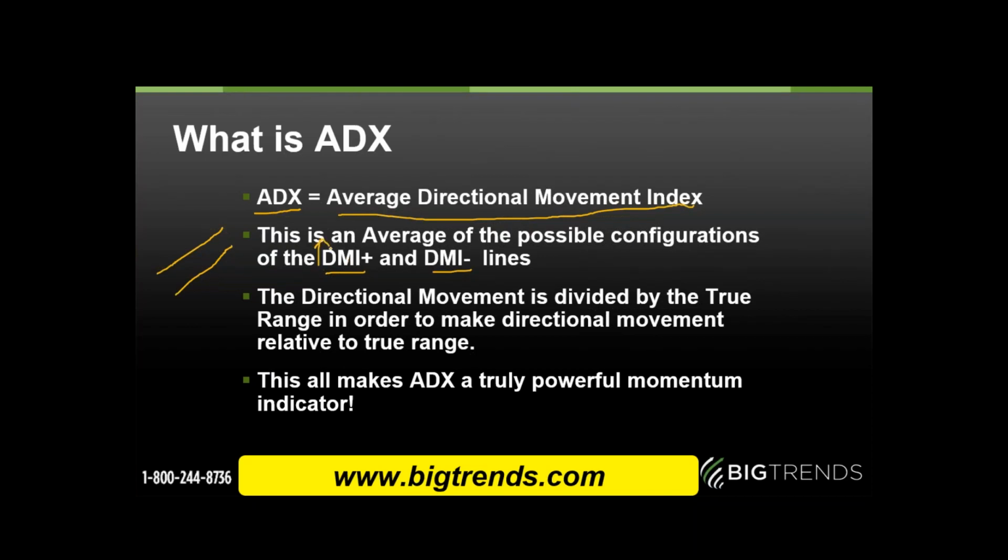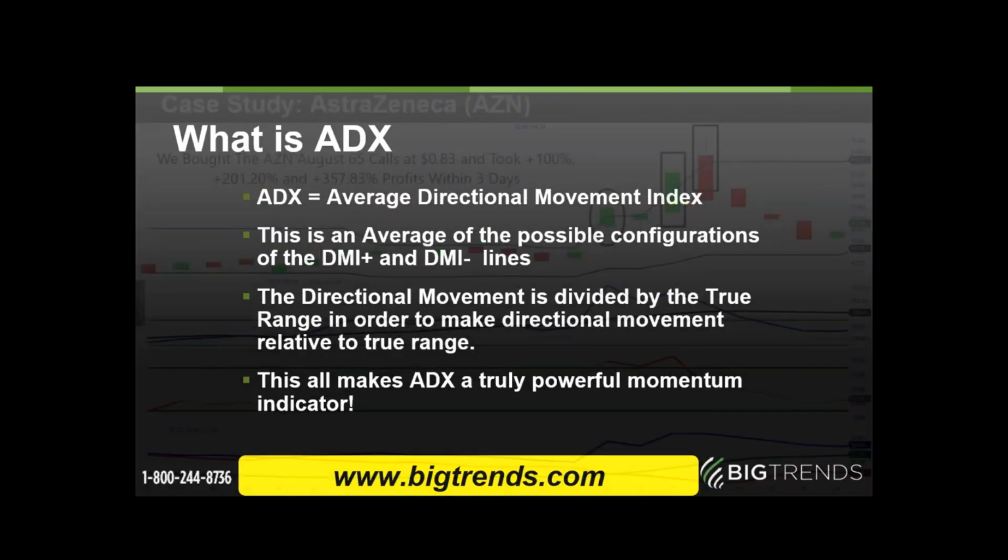If DMI plus is going up and DMI minus is going down, you know what that's going to mean? That the gap between those is widening. That's going to mean ADX is going up. That's, of course, the definition of an uptrend, higher highs and higher lows. So the key here is that you want to focus on, okay, where we're getting this trending effect kicking in. And that's what makes it such a powerful momentum and trend indicator to say ADX must be rising.